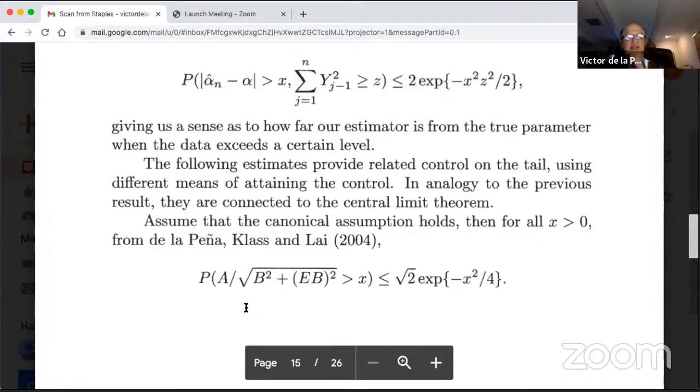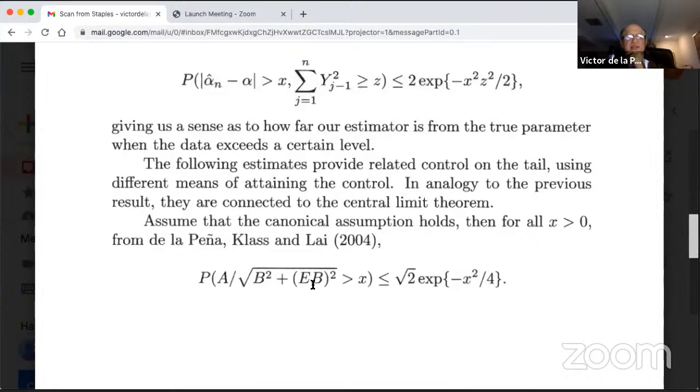The probability of A over the square root of B squared plus the expected value of B squared being bigger than X is less than or equal to the square root of 2 times e to the minus X squared over 4. Don't mind the constants, because I'm presenting this inequality just as an illustration of the power of this technique, and the proof is relatively uncomplicated. Now, if I take the expected value of B squared here, this is an impossible inequality.